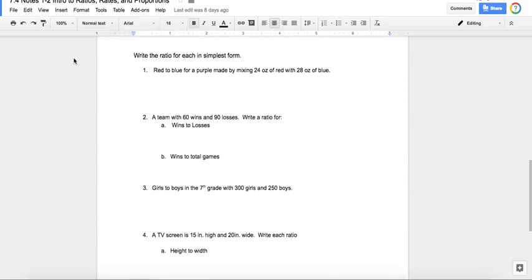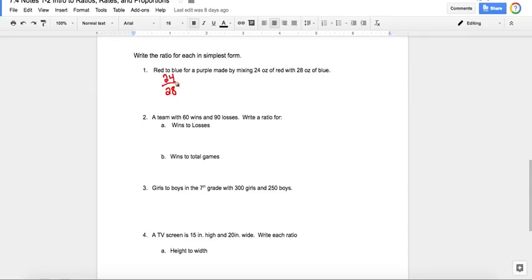Okay, so we have several ratios that we're going to write and then we're going to simplify. So it says red to blue for purple made by mixing 24 ounces of red with 28 ounces of blue. So if we wanted to make purple, we could mix this ratio. So we want red to blue, so we're going to put 24 over 28. Now, what can I divide top and bottom by?